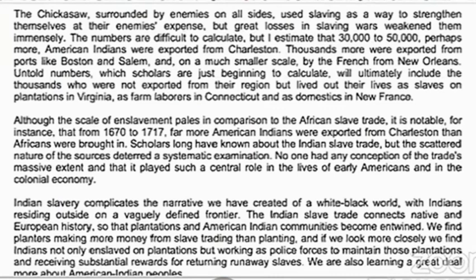You were from there. This article is telling you right now, thousands were not exported from their region but lived out their lives as slaves on plantations in Virginia, as farm laborers in Connecticut, and domestics in New France.